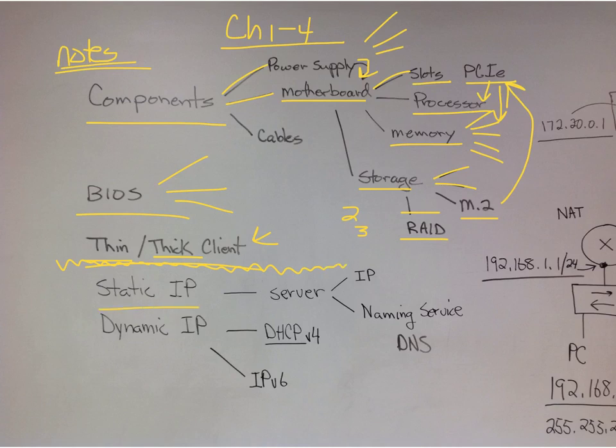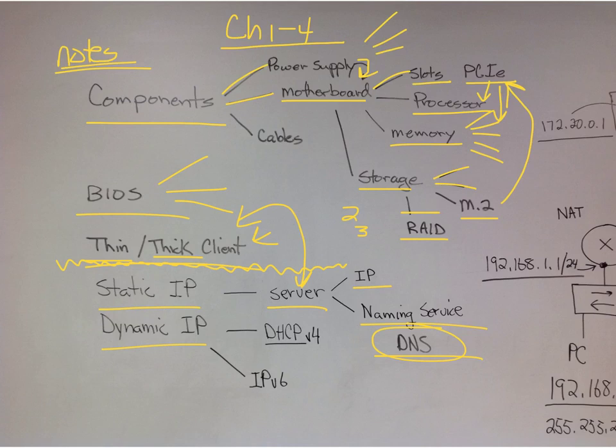In chapters 5 and 6, we talked about static IPs, for example a server, when we talked about this client-server relationship. We asked for examples. They said like putting into a server, or even accessing a web page, a web server. IP and naming services, and what we're most familiar with is domain name services.